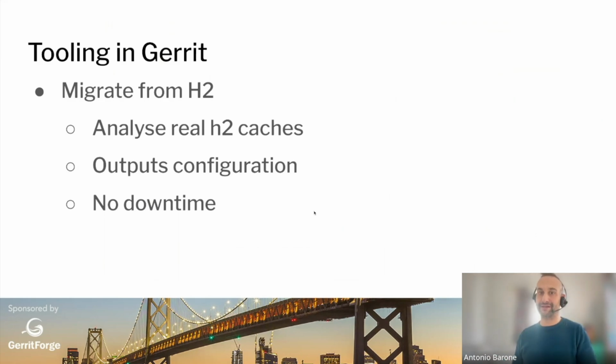Since ChronicleMap is one of the first open source alternatives to H2, it's very likely that your Gerrit instance has been running with the default H2 cache backend. So the idea is to read from the actual persistent H2 caches to calculate the averages of the keys and the values, and then to output this in the form of a cache-chroniclemap configuration template.